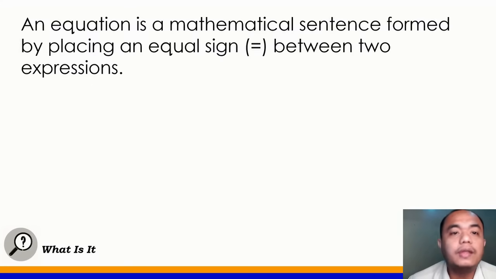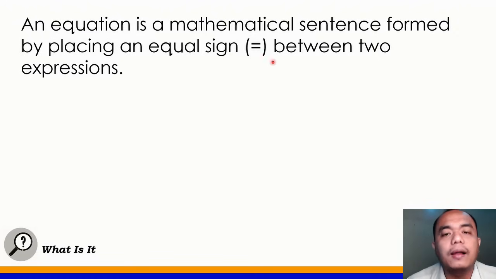Now, let's have the equation. An equation is a mathematical sentence formed by placing an equal sign between two expressions. So you are given two expressions, and in between the two expressions is an equal sign. So madali lang i-identify yung equation because equation is from the word equal, or the equation uses an equal sign to illustrate that the two expressions given are equal.